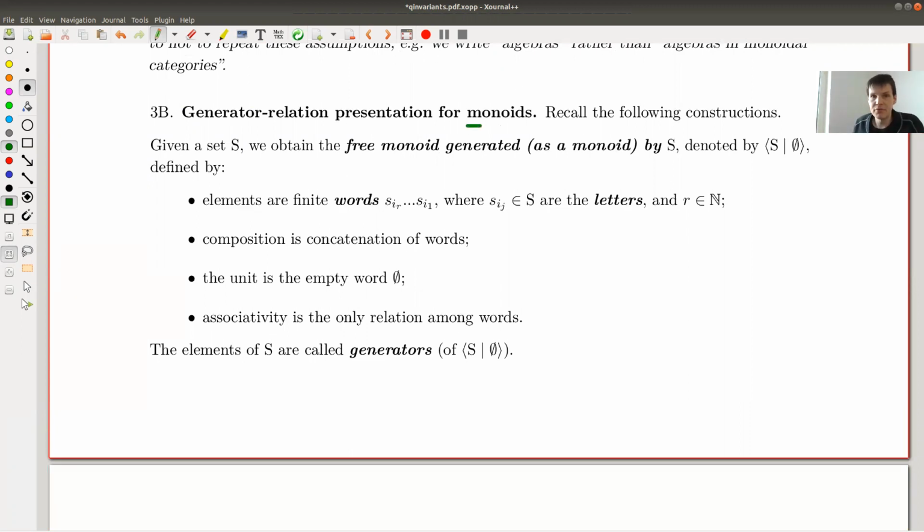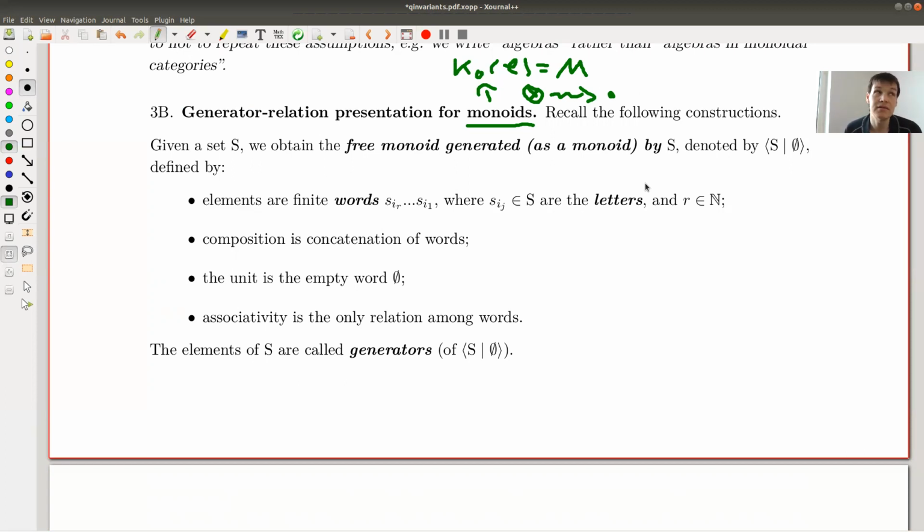Well, K0 of whatever monoidal category C is a monoid M, and the tensor product basically decategorifies to the product in M. And so let's try to see what's going on for monoids first.